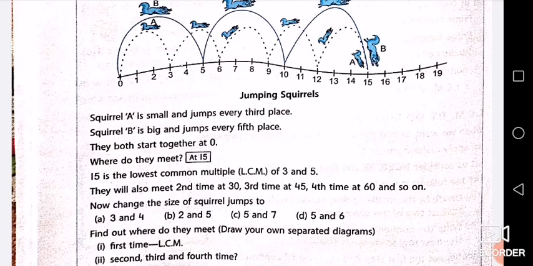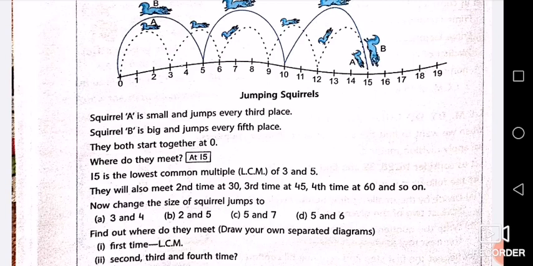Then at what point, or what will be the LCM of these two numbers? So this activity today also I'll give you as homework, just read out this activity from the book and we will discuss it in our online class and we will do it in our copy also.